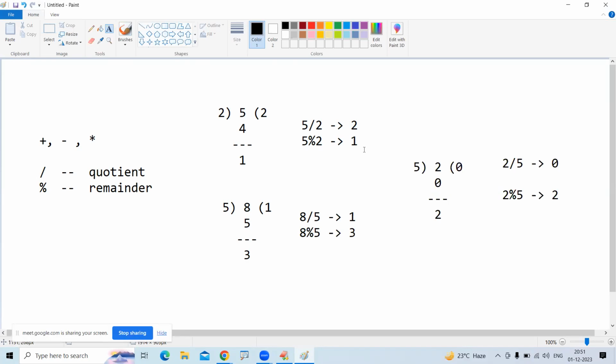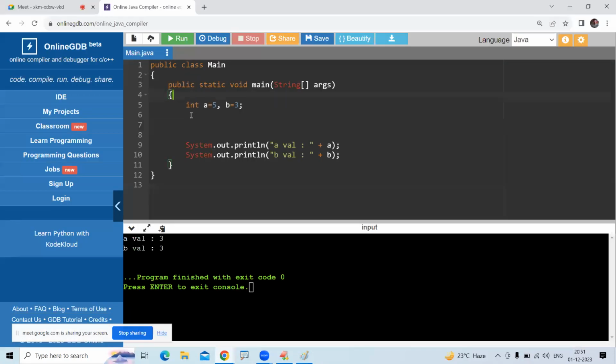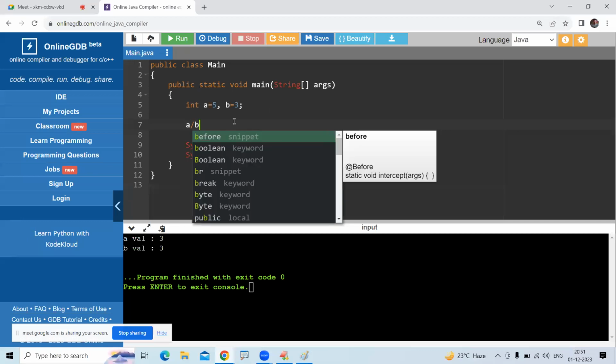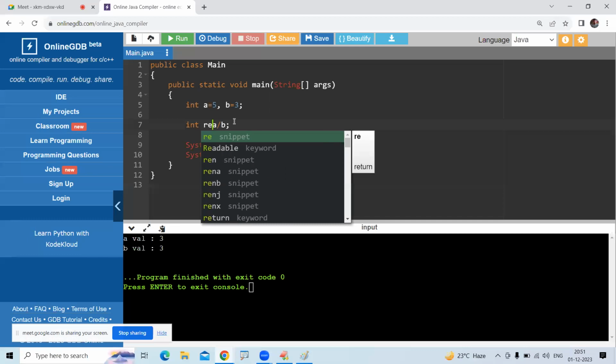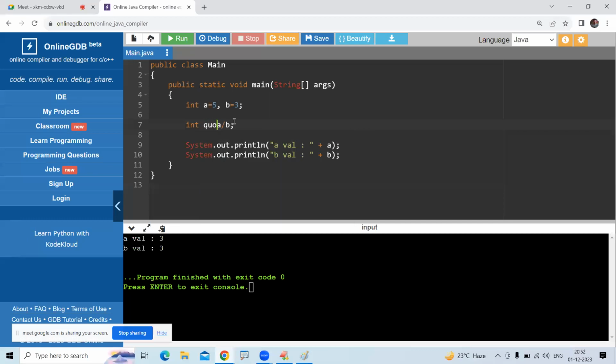Don't think that these are simple things. With the help of these simple things only, we can create large programs. So again, one simple code I'll write. Here I'm taking a, b, 5 and 3. I'm doing a by b. I'll collect into remainder, int, you can take remainder, quotient, QUO I have written.